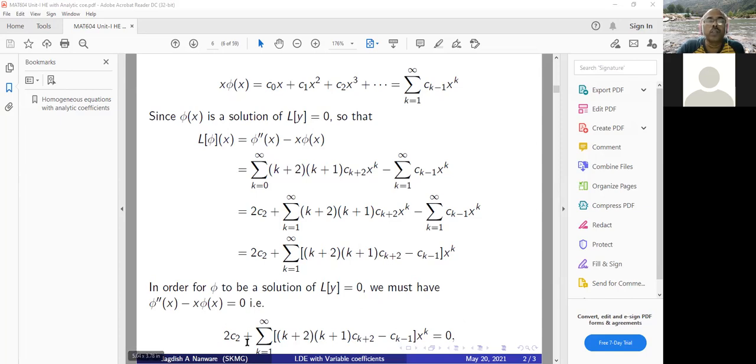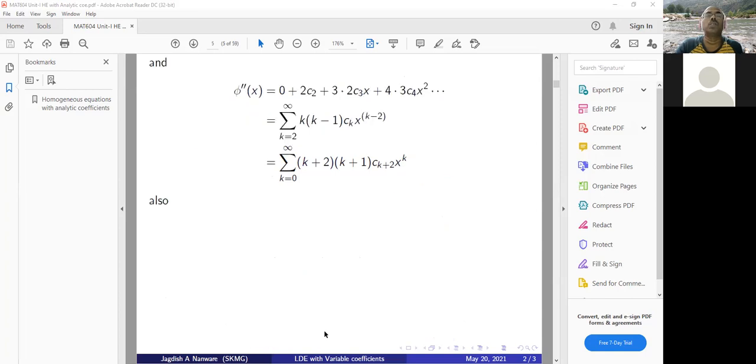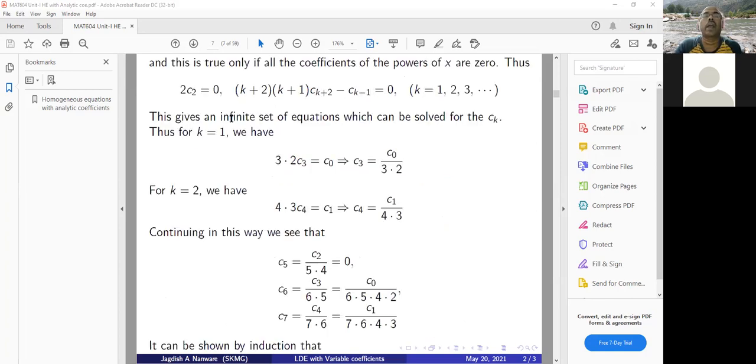So 2c2 is equal to 0, that gives c2 is equal to 0. And then this is equal to 0. Again, this is equal to 0 means this bracket must be equal to 0. So we write these two expressions.